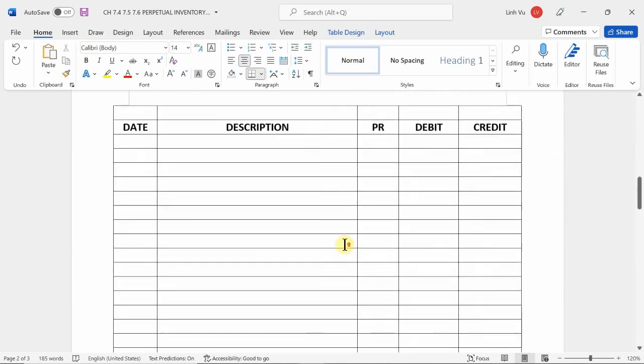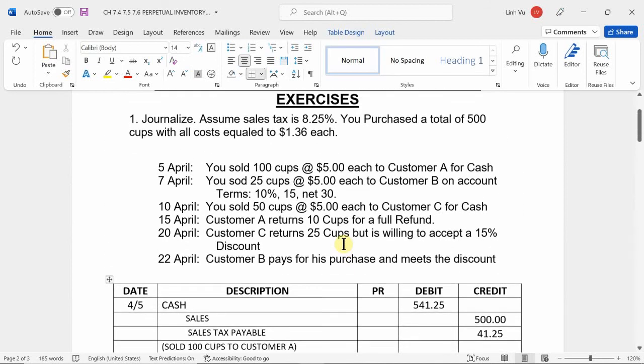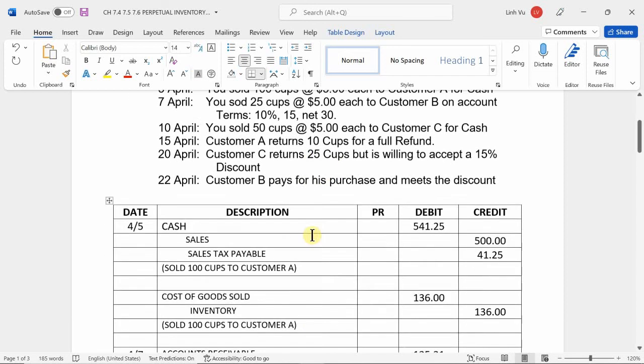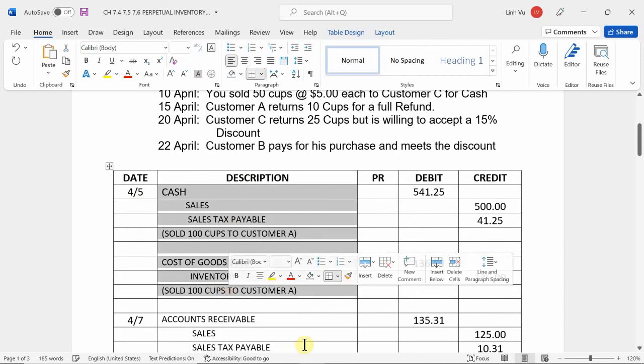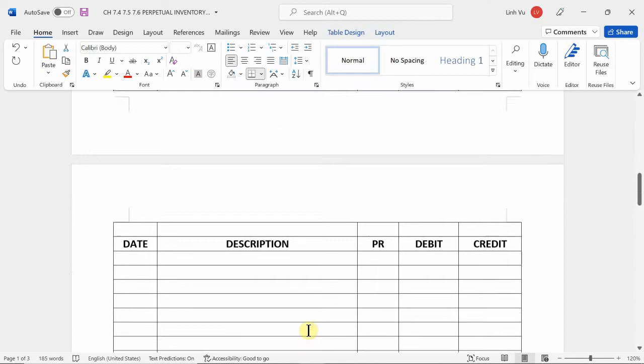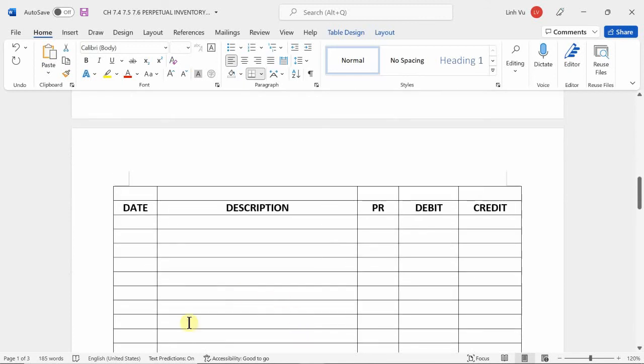Right. Now I can go ahead and do April 10, where I sold 50 cups for $5 each for cash to customer C. So I have to do cash.